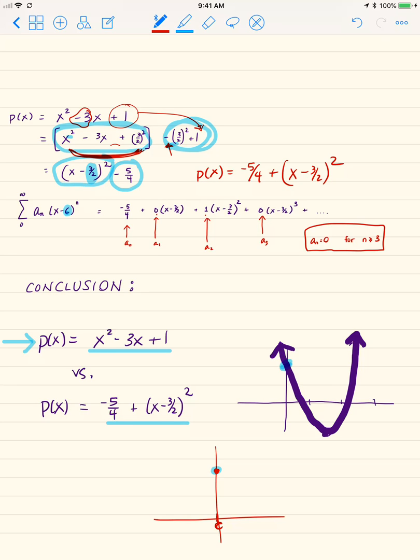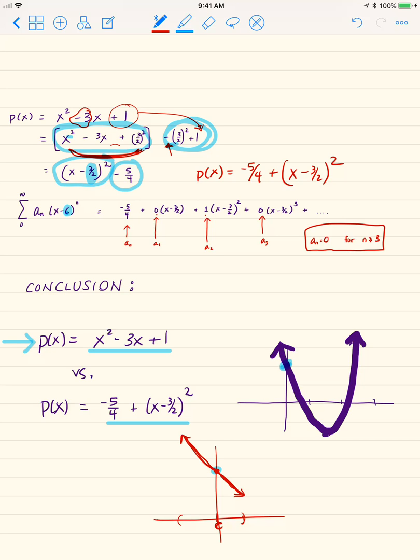Then if I want to look at the behavior to the left and to the right, it's looking something like that. I don't know what's going on far to the left or right, but that's what's happening near the center. If I'm looking on some domain, the center of my interval is at 0.